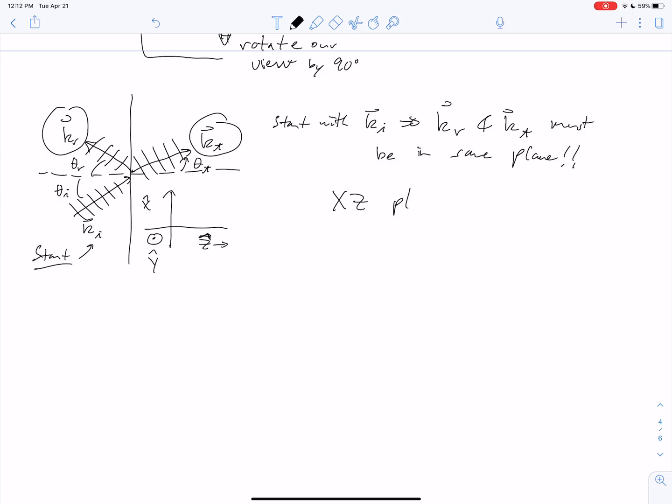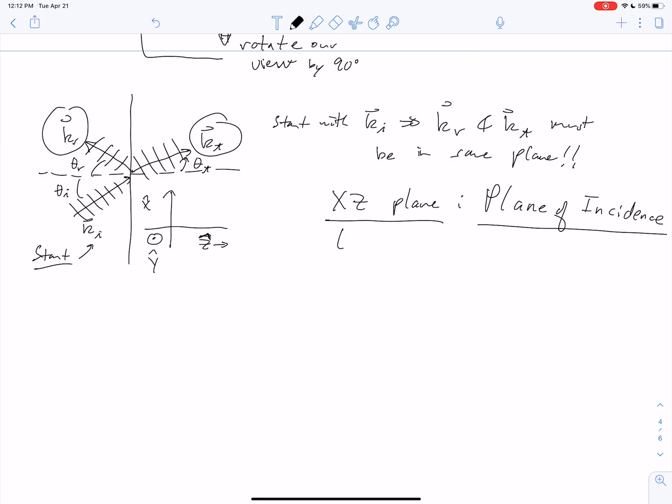So the XZ plane has a name. We call that the plane of incidence. This is a little confusing because you would normally think it's the interface plane, but it's not. The plane of incidence is the XZ plane.